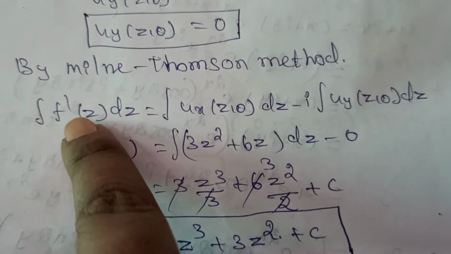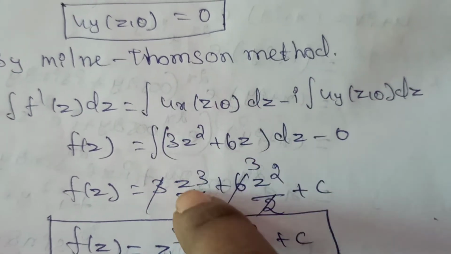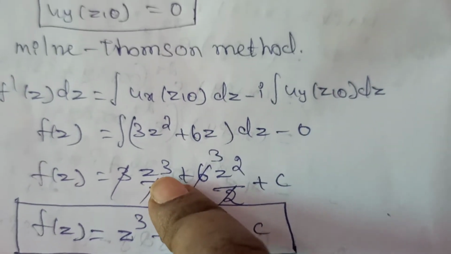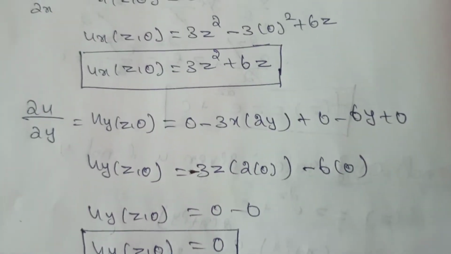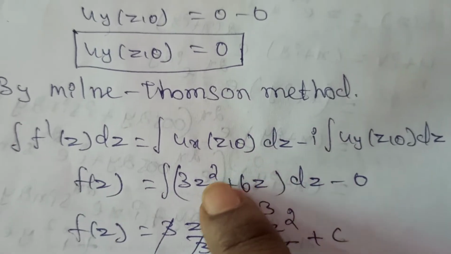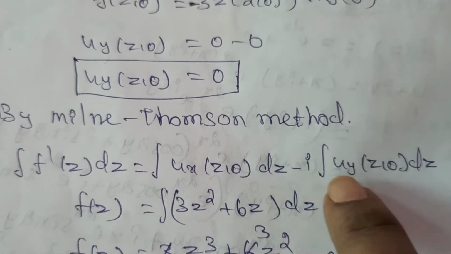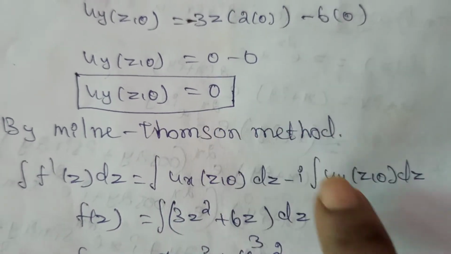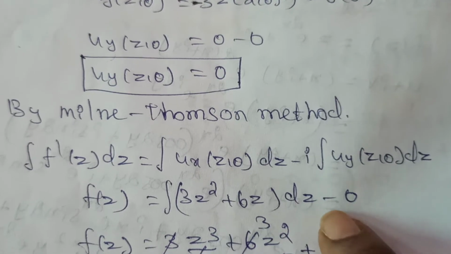Here integral and derivative cancel, that is f of z is equal to integration of u x of z comma 0, which is 3z square plus 6z, into dz minus i into u y value 0, that is 0 into anything, value 0. So directly I wrote here minus 0.